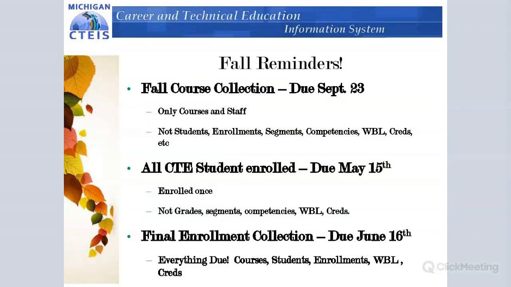To do that, we need to have a list of students early on that we can start going and getting a match to those data files from. So in order to make sure that we get our data in time to complete our reports in a timely manner, we need to have all the students in CTE enrolled by May 15th. Again, I don't need grades, segments, competencies, work-based learning, or any of that stuff.